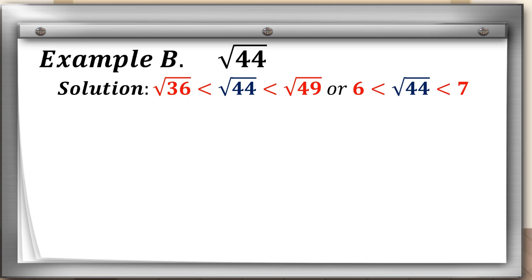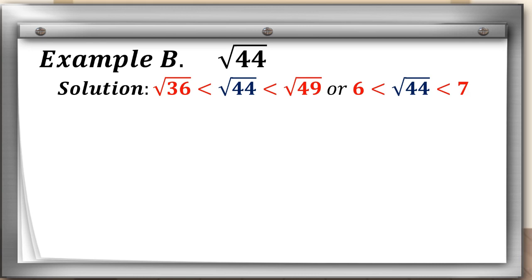Kung mapapansin ninyo, nasa gitna ng square root of 36 at square root of 49 ang square root of 44. Therefore, extracting the square roots, ang square root of 44 ay nasa gitna ng 6 at 7.